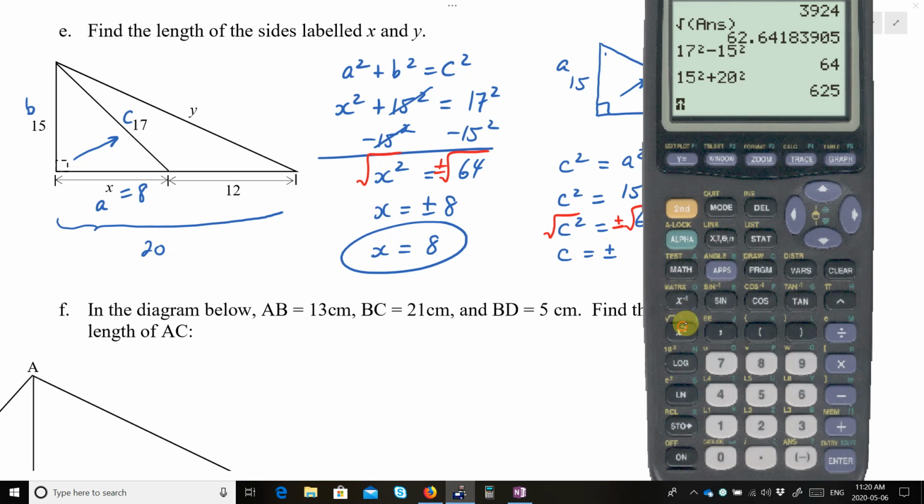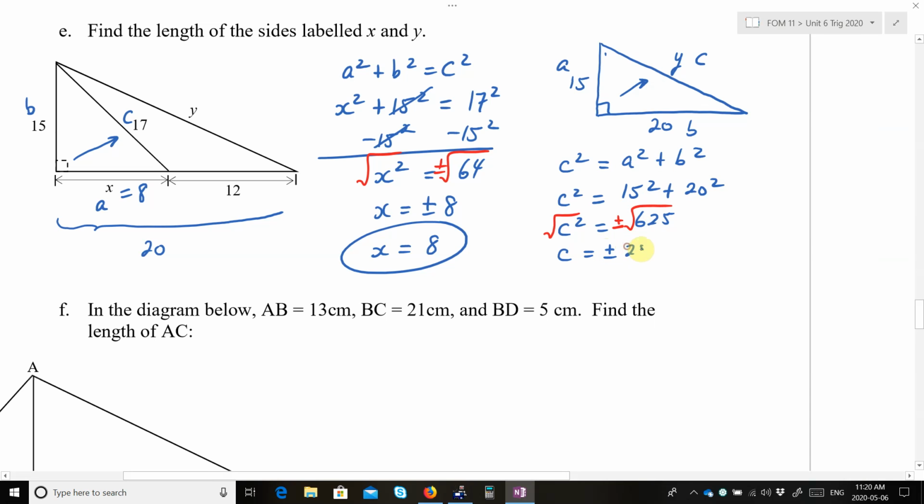What's the square root of 625? It's 25. Okay, so c, which is actually equal to y, I maybe should have put y in there, is 25, and we would reject the negative answer.